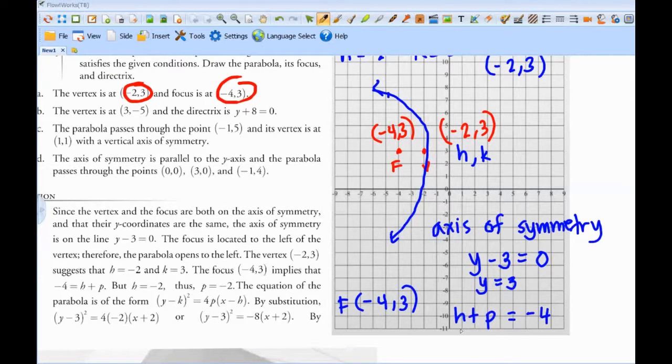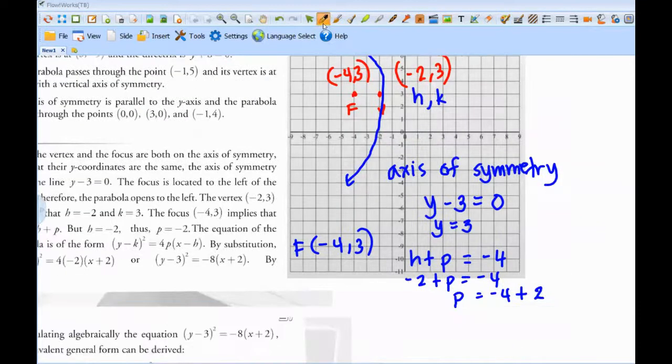It was negative 2. So we'll substitute: negative 2 plus p equals negative 4. So p equals negative 4 plus 2. So what is the value of our p now? P is negative 2. Isn't it that if p is less than 0, then the parabola opens to the left.